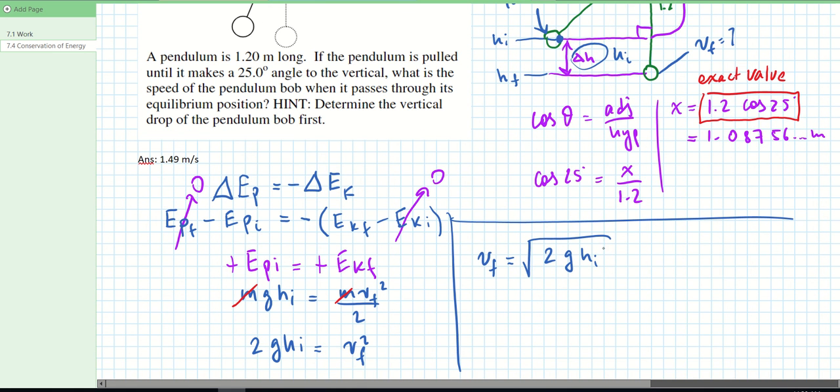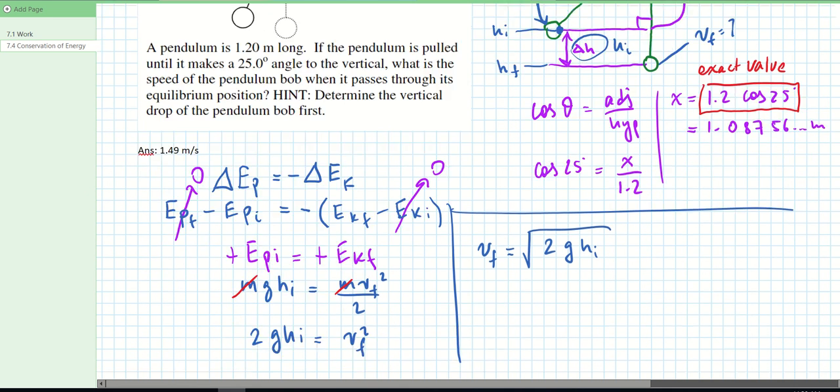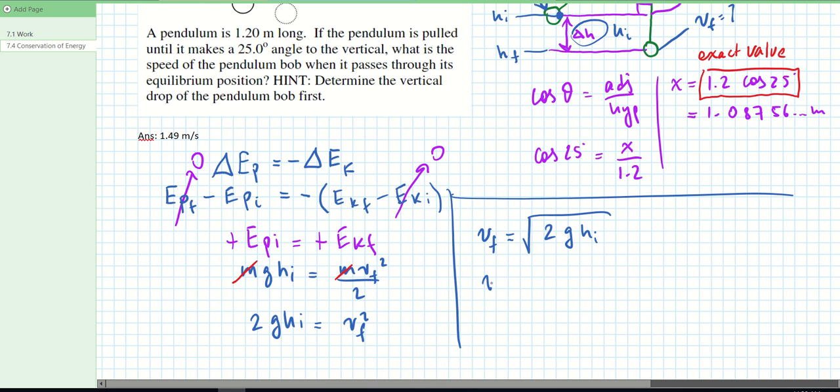I still need to plug that in here. So I know that the x value is 1.2 times cos of 25, and hi is going to be the difference between 1.2 minus this. So when I plug this in, instead of rounding, just keep the exact value.